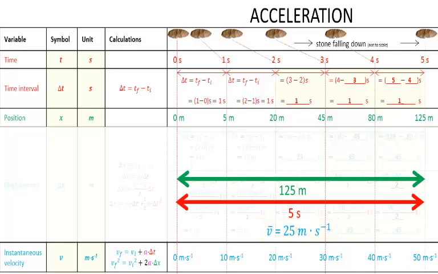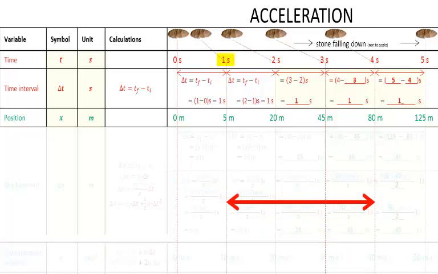Let's take another interval. What about from time 1 second until time 4 seconds? How far does the stone travel? At time 1 second, its position is 5 meters. At t equals 4 seconds, its position is 80 meters.